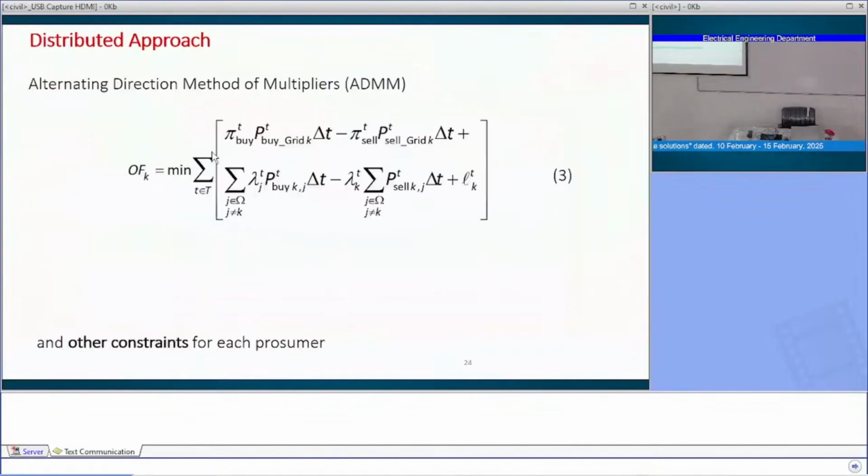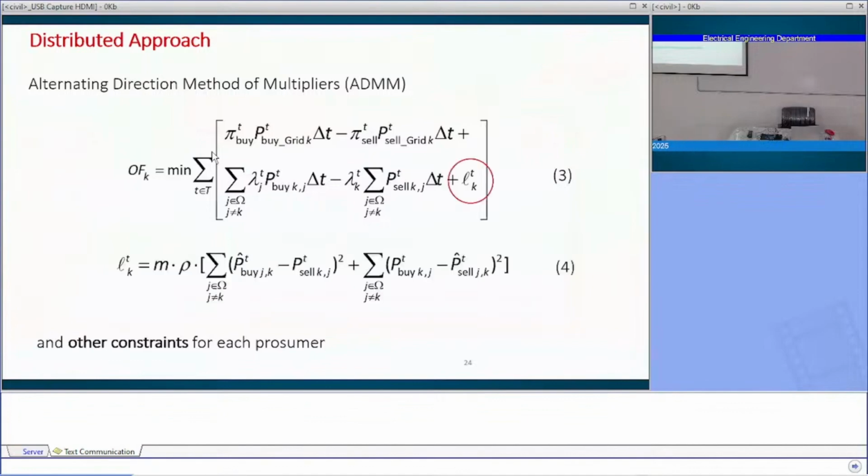In order to speed up this optimization, in general we also add a term that facilitates the convergence, because it is a penalization of the missing balance. You see that this term is the difference between buy and sell for each user, in which you have this hat that is the result of the previous iteration.